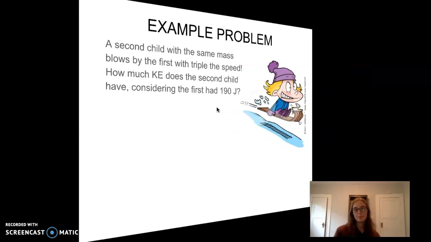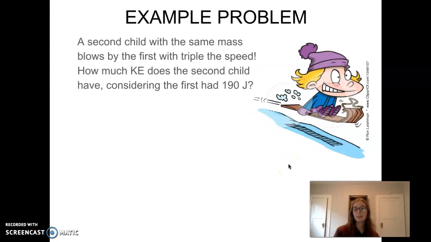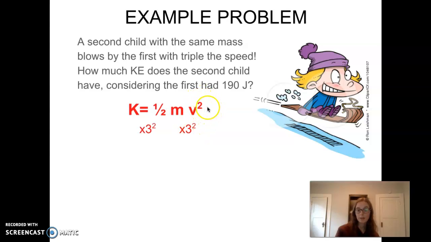And then our final example problem is we have another sledder. They have the same mass, but with triple the speed. So we have our straight-across equation K equals half mv squared. We're tripling the speed, thus it's times 3, but we can't forget that we have v squared. So thus we have to do times 3 squared.